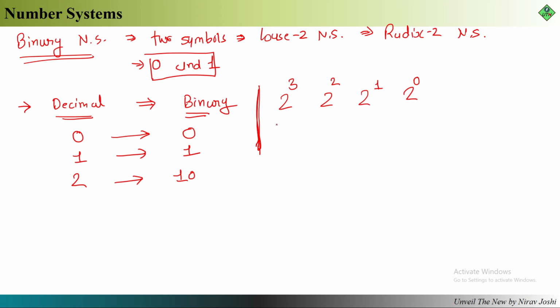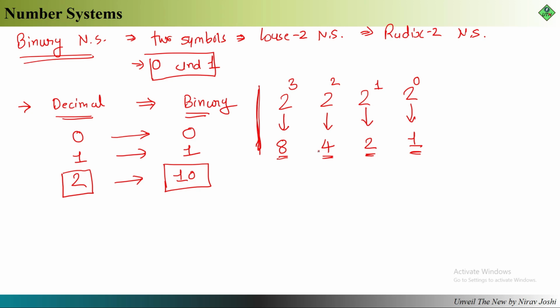We know that 2^3 is equal to 8. We know that 2^2 is equal to 4. We know that 2^1 is equal to 2. We know that 2^0 is equal to 1. So the decimal 2 in binary is known as 10. But how does that come? Here we have 8, 4, 2 and 1.